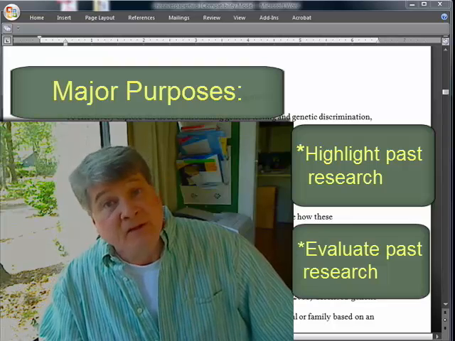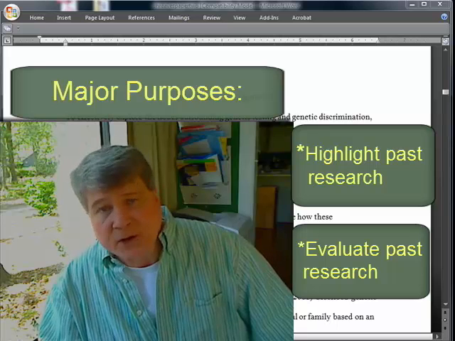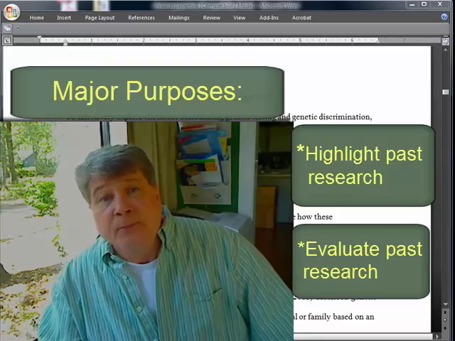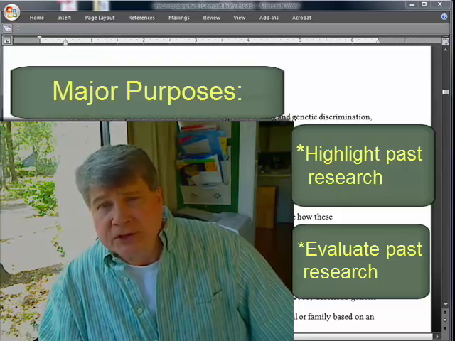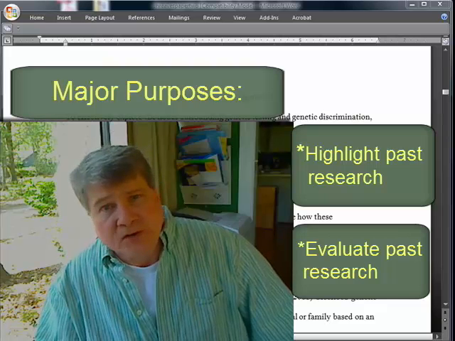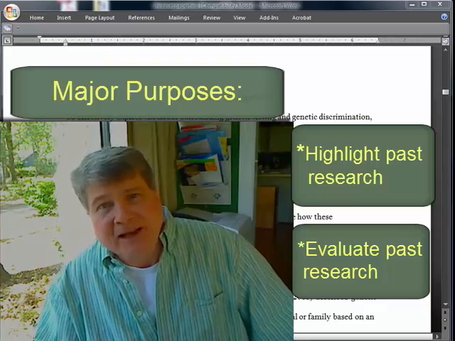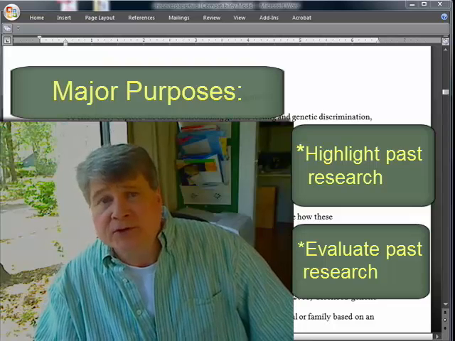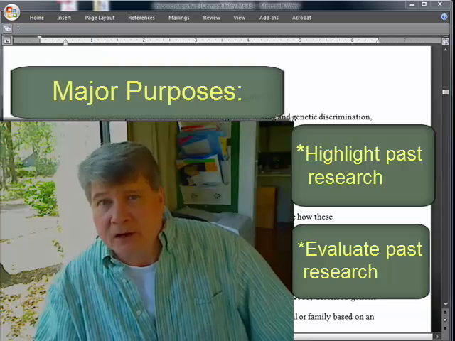And then the second purpose is to evaluate those highlights. And putting those two things together achieves the overall purpose of this review of literature, which is to present to the reader the state of the art, the current status of the research in this particular area.